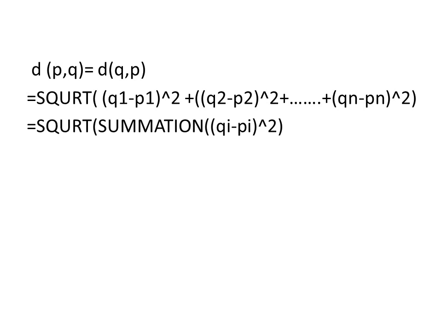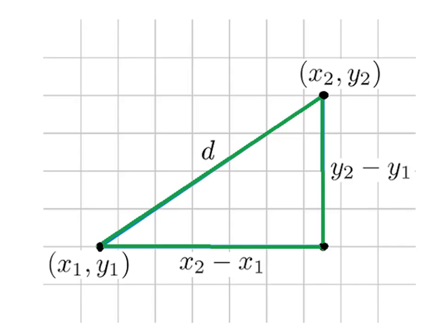So this is the formula for Euclidean distance. See this diagram, it is for the calculation of Euclidean distance. There are two points, x1 comma y1 and x2 comma y2, and x2 minus x1 is calculated, y2 minus y1 is calculated, and the distance d is calculated using the formula.